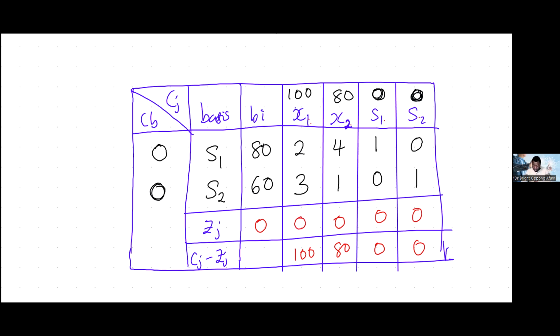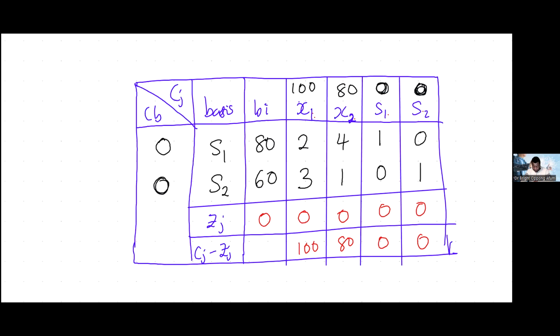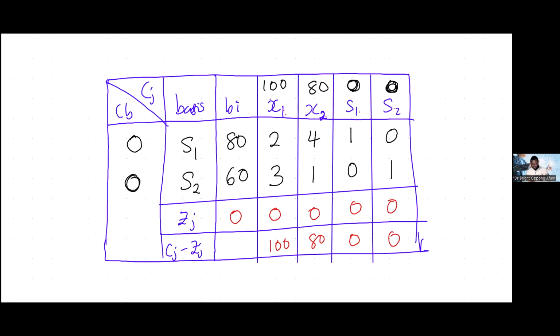All right. So at this point, we need to start the iteration process. The iteration process is about how a variable gets into the solution basis, right? So this is how it works. We look at the various columns and we find the largest Cj minus Zj.